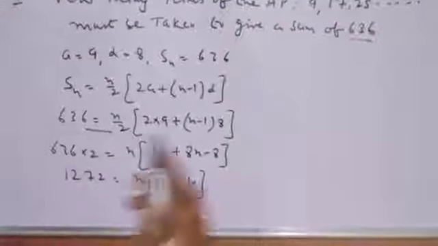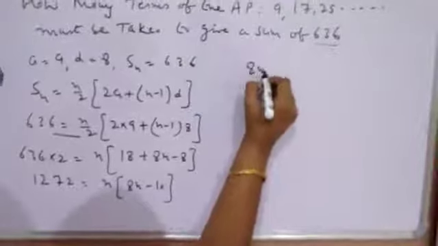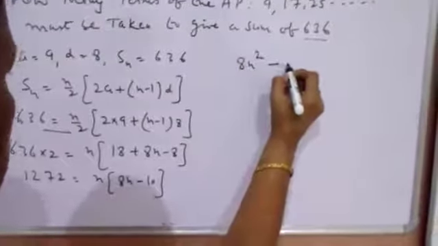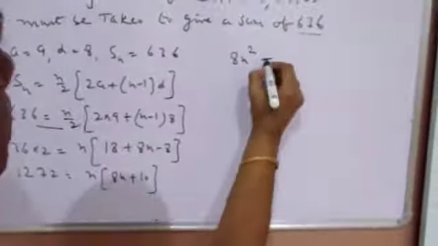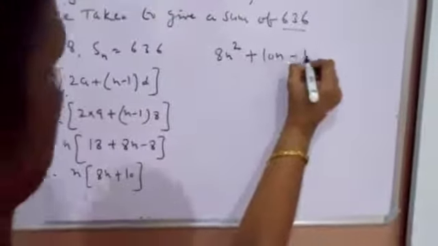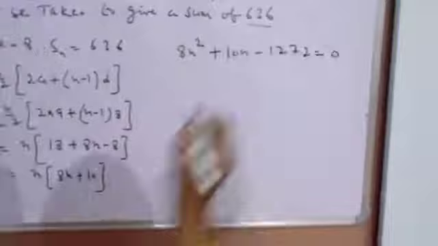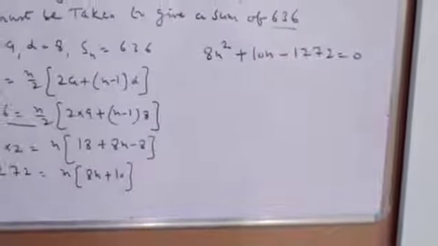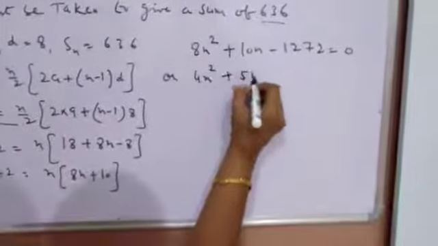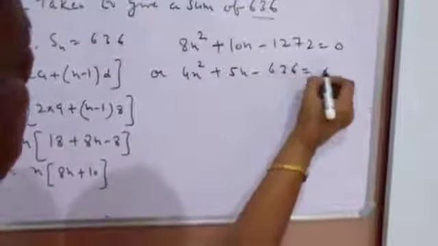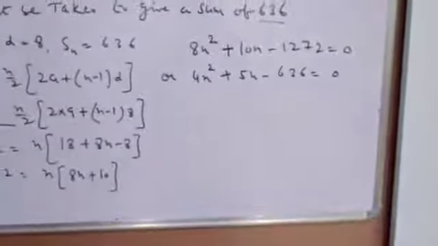Now the equation becomes 8n square plus 10n minus 1272 is 0. When we divide it by 2, 4n square plus 5n minus 636 is equal to 0.